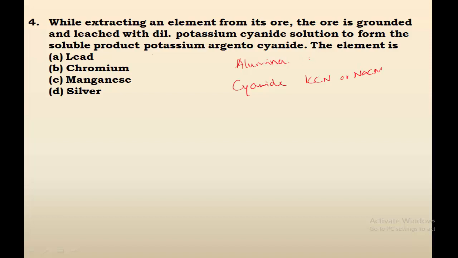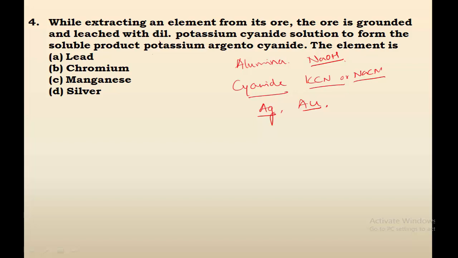In the leaching of alumina, we use NaOH as a reagent. And the cyanide process is used for silver and gold. Here potassium cyanide solution is used, so it is the extraction of Ag or Au.